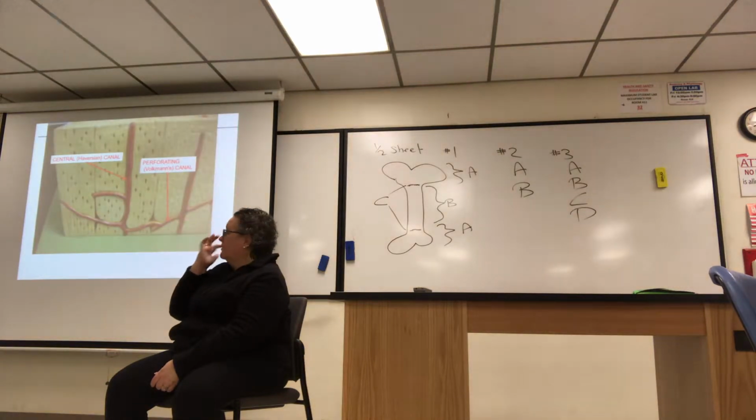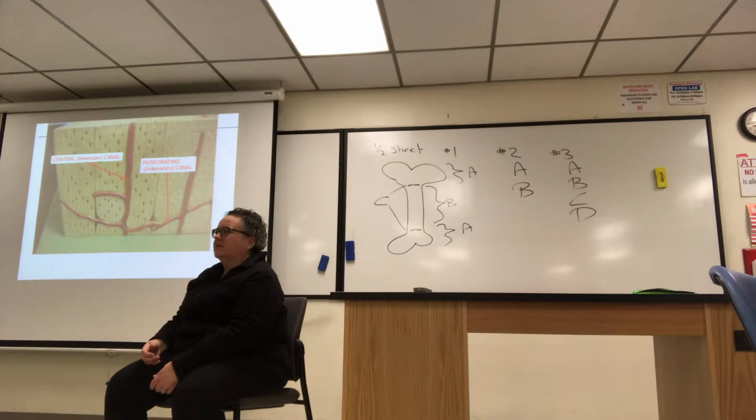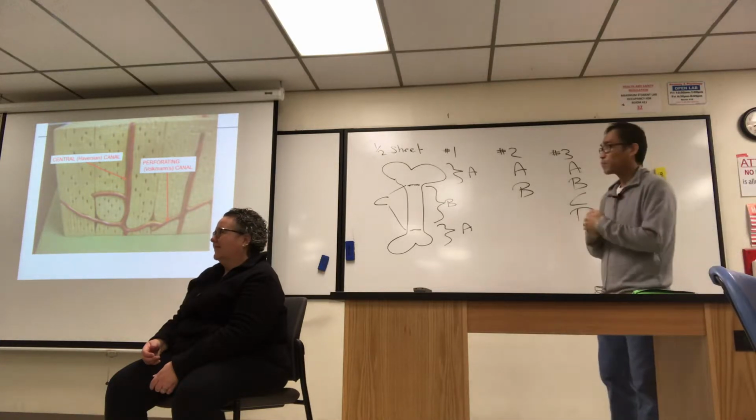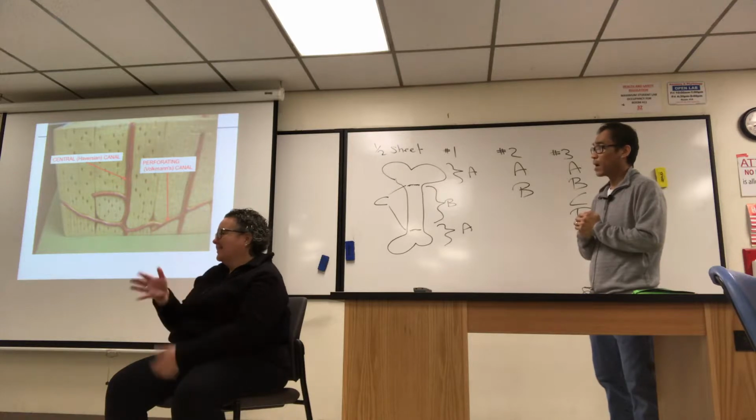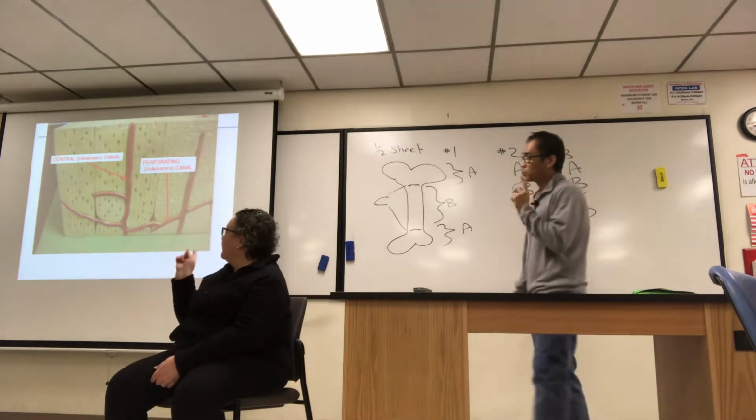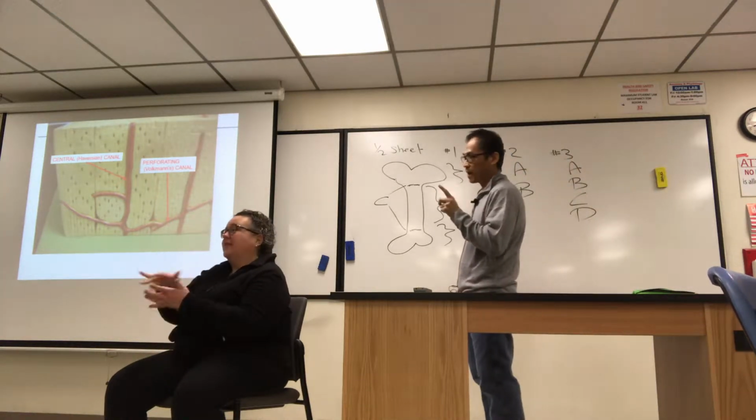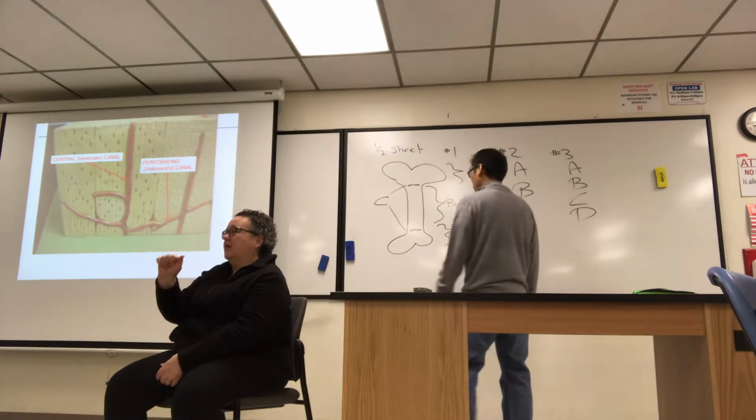Well, here's a side view of the model, and it shows you the canal system, how the blood vessels get to and fro within compact bone. You need to know the central canal and the perforating canal. Okay, so we'll write those terms down.